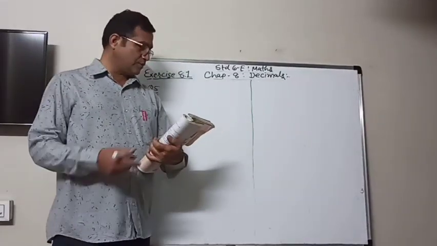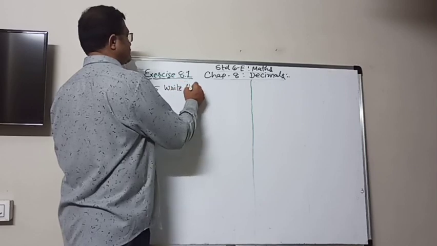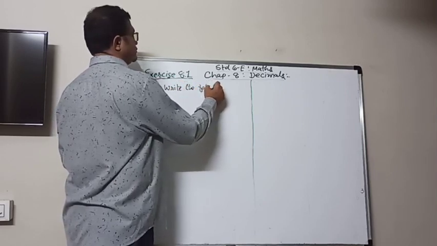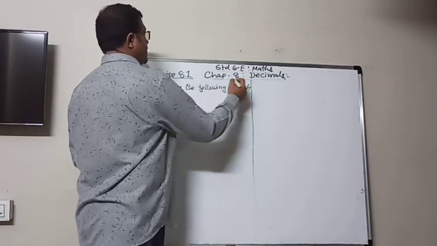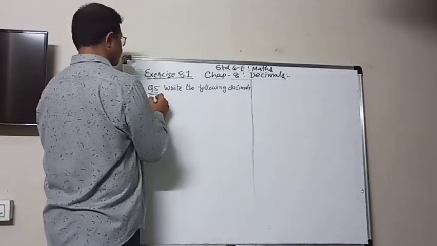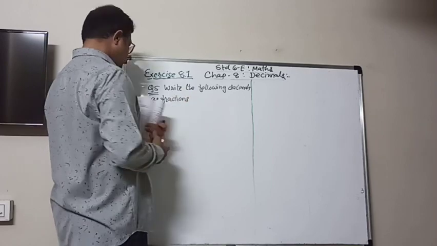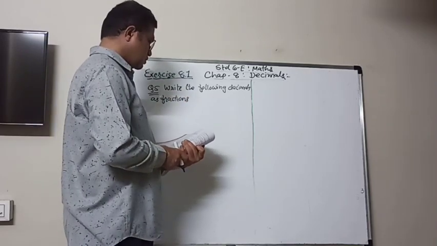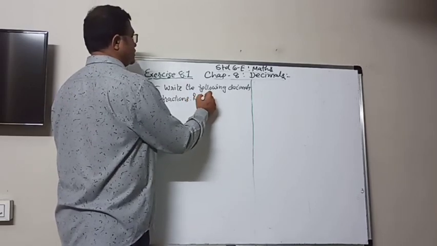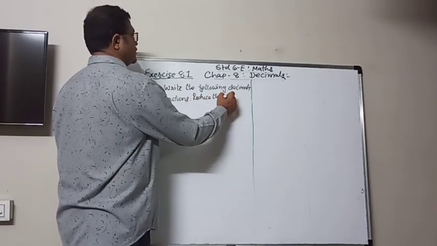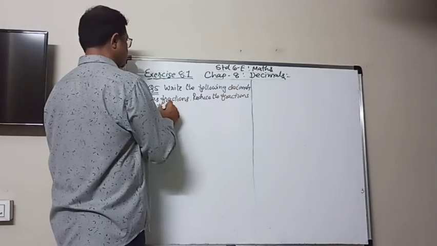Now question number 5. Write the following decimals as fractions, and then we have to reduce the fractions to the lowest form.